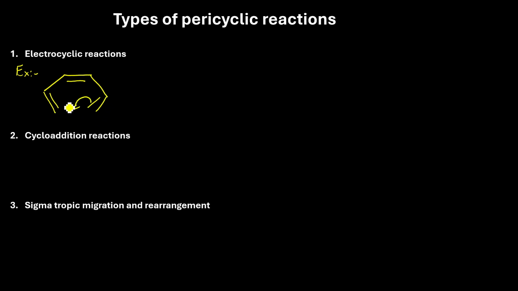This can come here, this can come here, this can go here. So we have the product. It's like this. We have two bonds here. As you can see, the bond breaking and bond formation, the whole reaction mechanism, happens inside the same molecule. That's the important thing about this electrocyclic reaction.